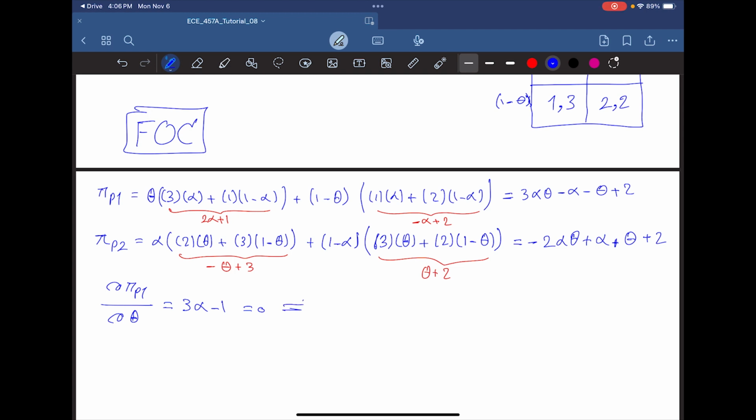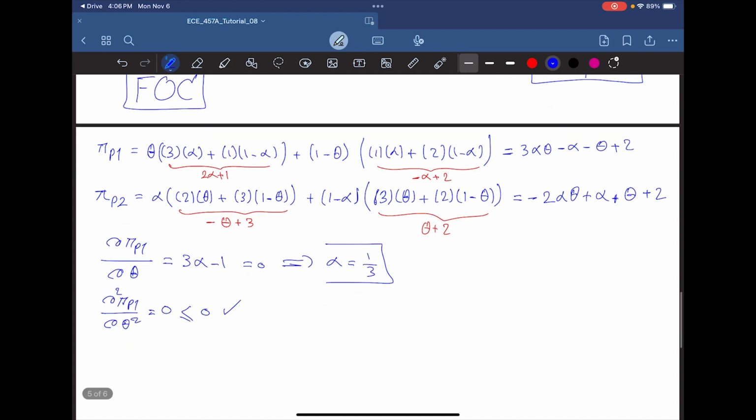And alpha is 1 over 3. And now let's check if this is a maximum for this function with a second derivative, which is 0. Yes.